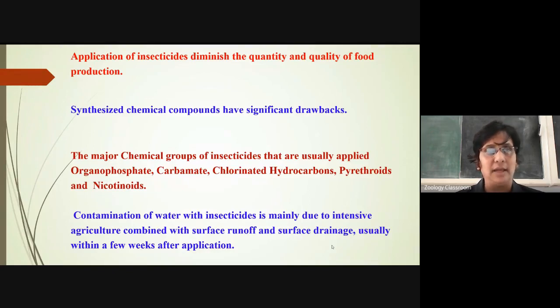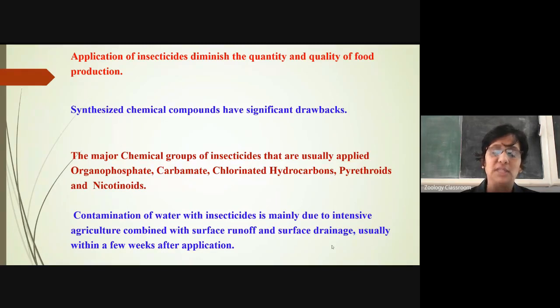And there are major chemical groups of insecticides, and these are usually applied on the crops. These are organophosphates, carbamates, chlorinated hydrocarbons, pyrethroids and nicotinoids.